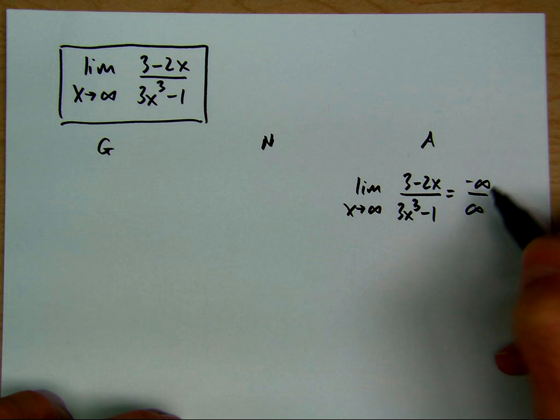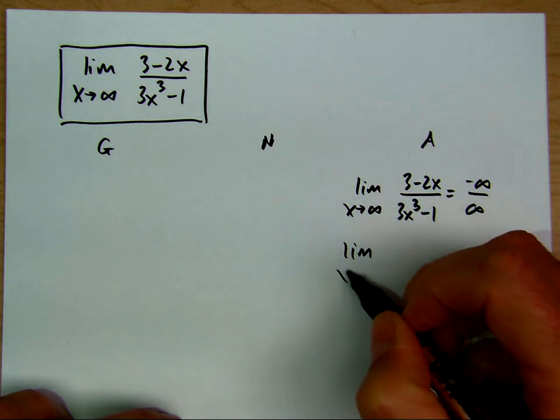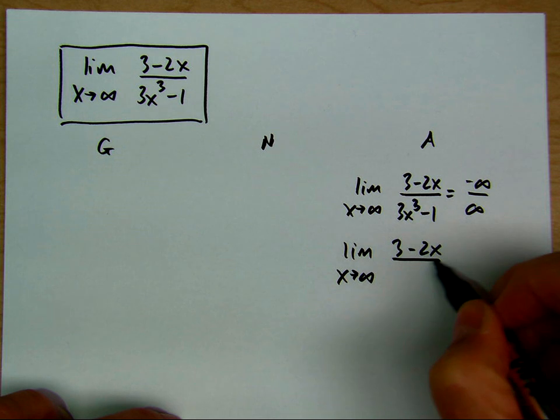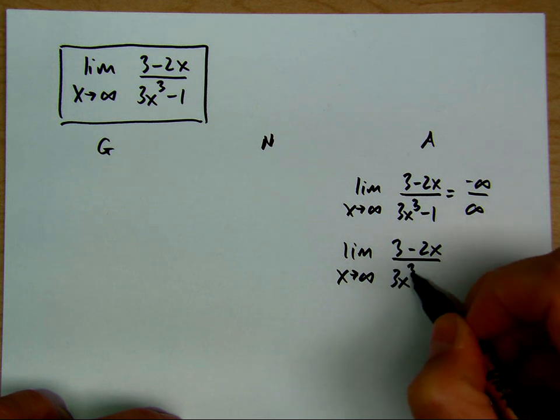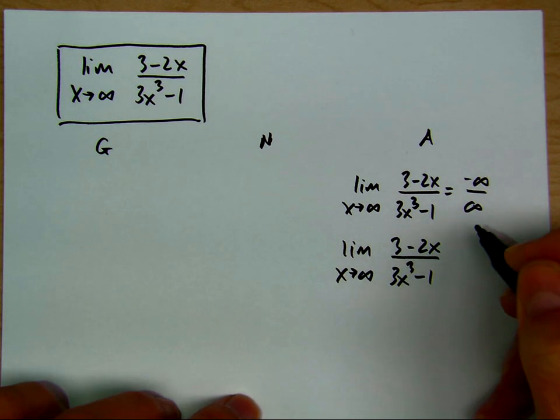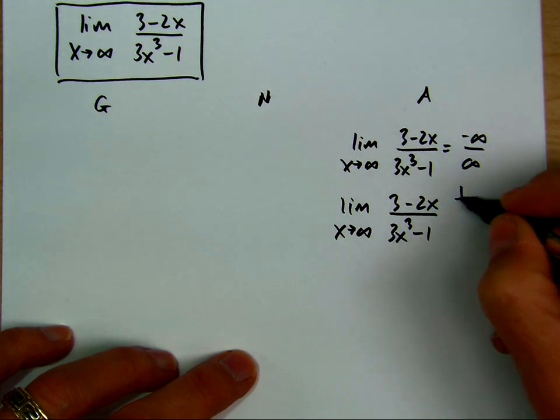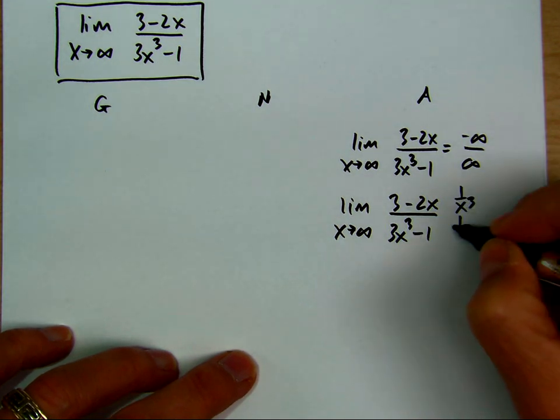That's indeterminate. So we have to divide all the terms by the highest degree, the highest exponent of the denominator. So we can multiply by 1 over x cubed.